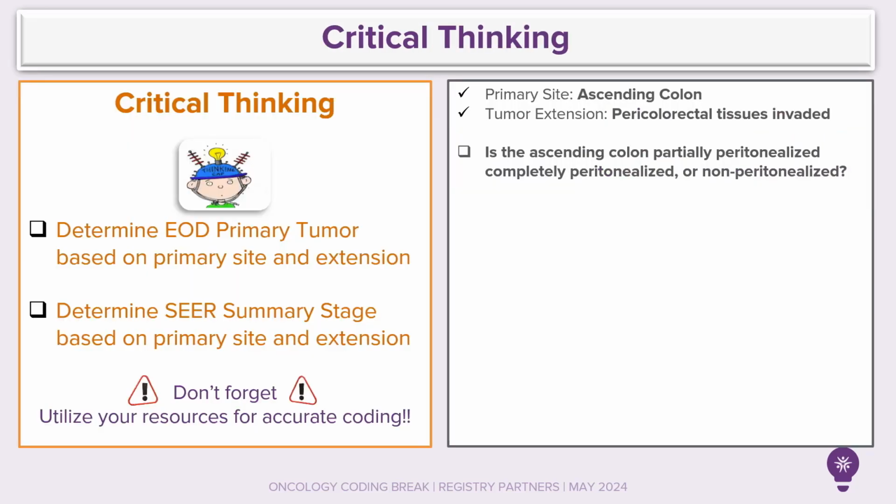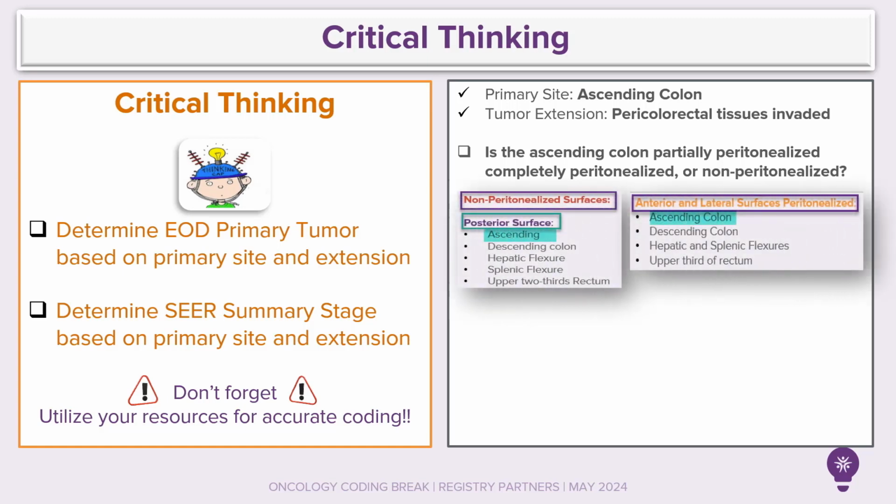Okay, so we have to determine the ascending colon's peritoneal status since we know the pericolorectal tissues were invaded. So as Melissa discussed earlier, the ascending colon has peritonealized and non-peritonealized surfaces. The posterior surface has no peritoneum at all or is retroperitoneal, and the anterior and lateral surfaces are covered by peritoneum. So what will we do next?